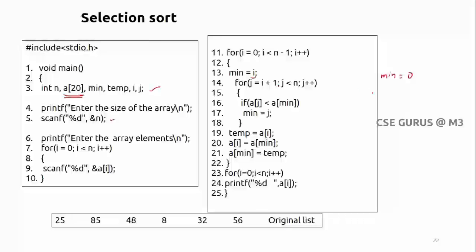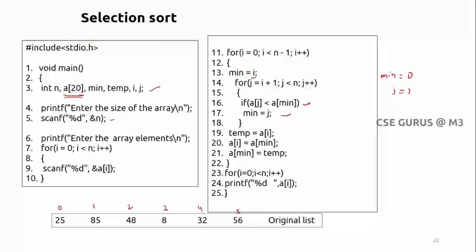Now j starts from what? i plus 1, that is 1. This is the logic to find the index of the minimum value. If you trace it, minimum equals 0, j equals 1. What is a of 1? Index starts from 0, right? a of 1 is 85.